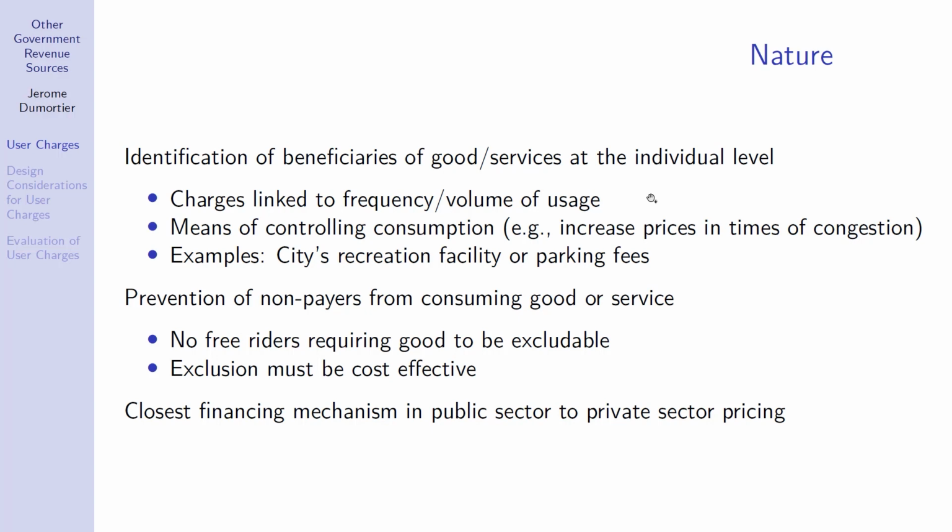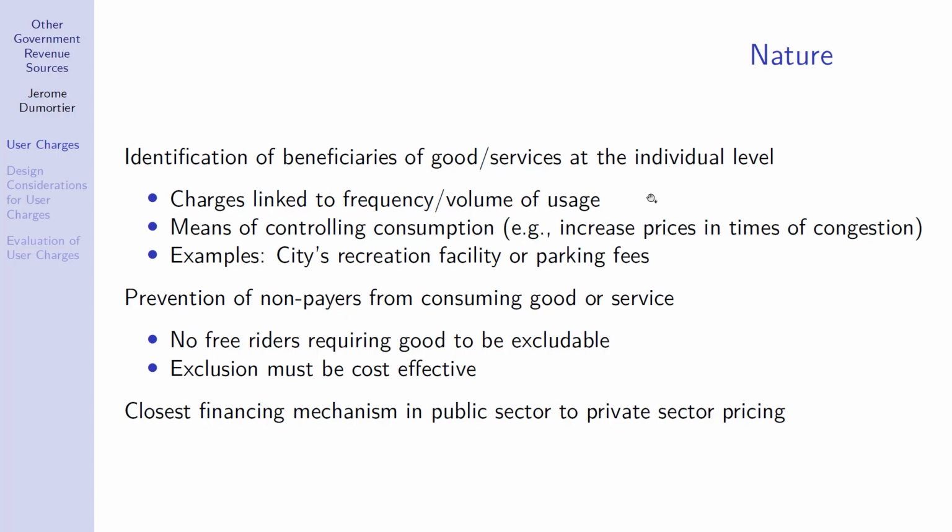Charges are usually linked to the frequency and the volume of usage, and they can also serve as a means of controlling consumption. So for example, before I talked about the toll for a bridge or for a tunnel. Then in times of congestion, you can increase the price in order to discourage users from using the bridge or the tunnel, to reduce congestion.